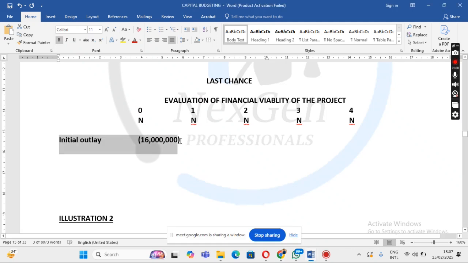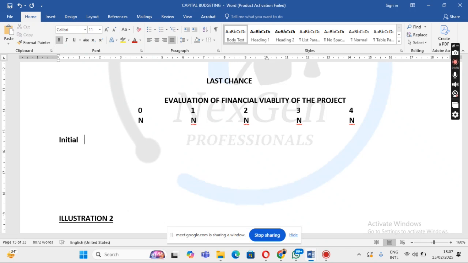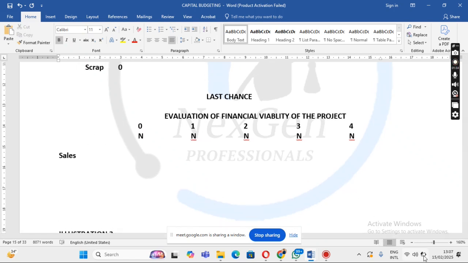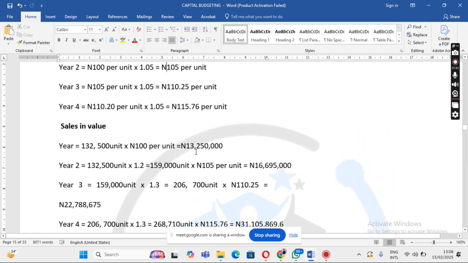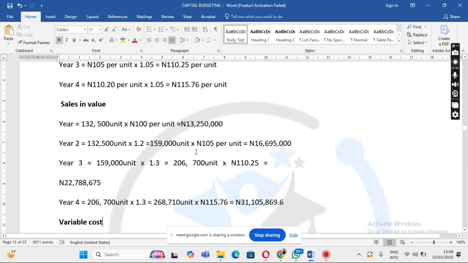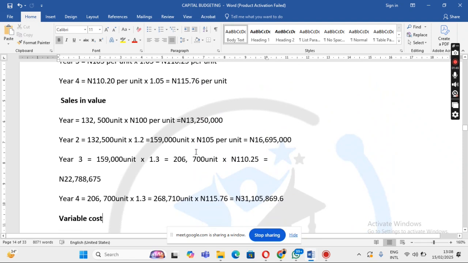Now, let me start with the sales. I will need figures from you guys, please. I would like you to call the figures. Screenshot the sales value, so you just give me the figures, then we'll move from there.